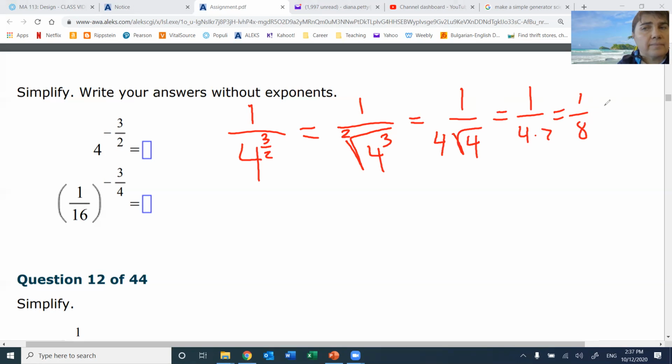Because square root of 4 is 2. The idea was, the exponent was smaller than the 3, so obviously something can come out. And this is 4 squared times 4. So we got the 4 squared as 4, but then we had another 4, which we know what it is.